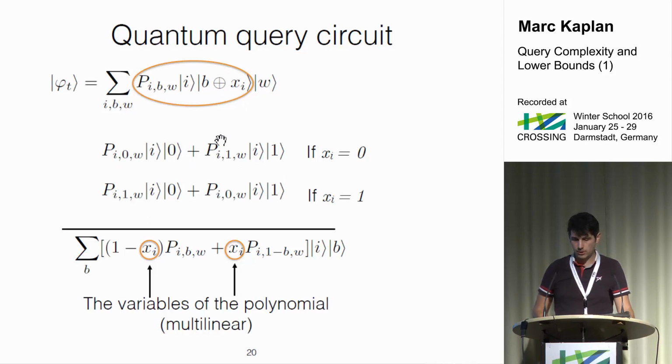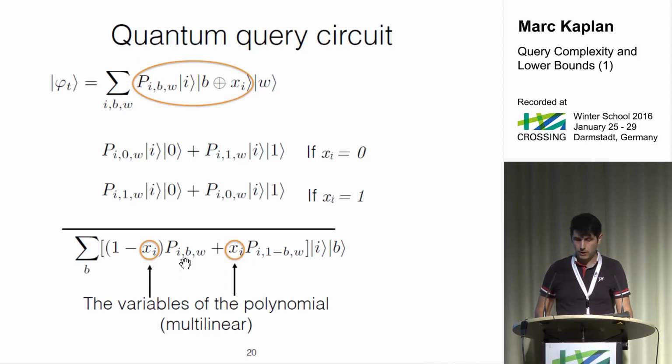So you get this expression if x_i equals 0. Now, if x_i is 1, the situation is reversed. So if x_i equals 0, you get 0 in front of the ket 0, and if x_i is 1, you get 1 in front of the ket 1, and if x_i is 1, then it's the opposite. And there is a very compact way of writing it, which is the following.